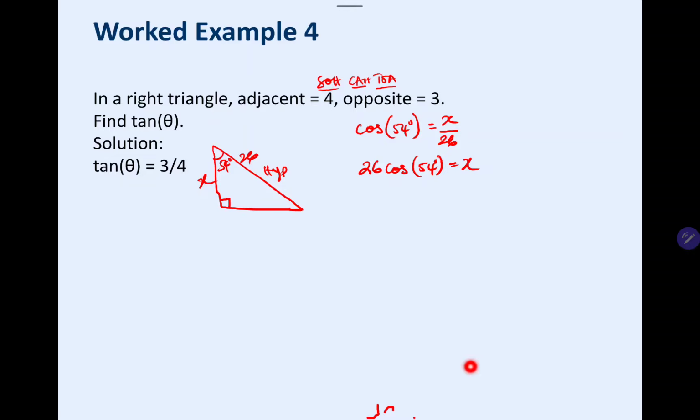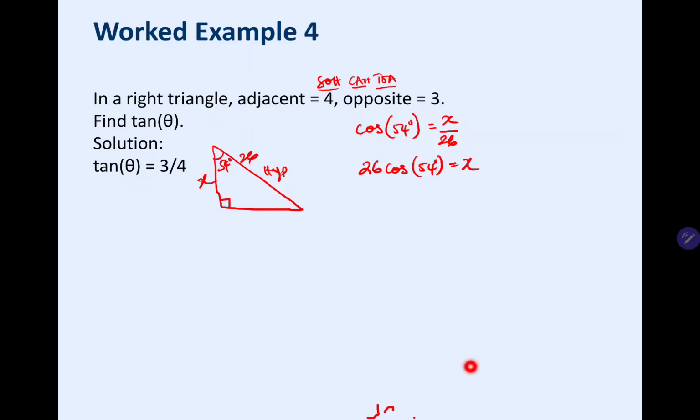And if you use your calculator, always make sure your calculator is in degree mode. Cosine 54 is 0.5877, or 0.5878 if we are to approximate it.